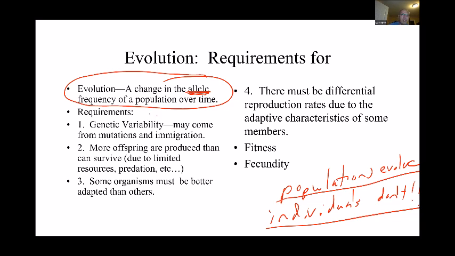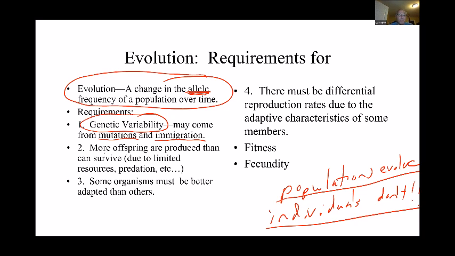The first one is that the population has to have genetic variability. If all the individuals in the population were genetically identical, evolution couldn't happen. There have to be genetic differences. And those can come from things like mutations. They can come from immigration, individuals moving in and bringing new alleles, or individuals leaving with certain alleles.